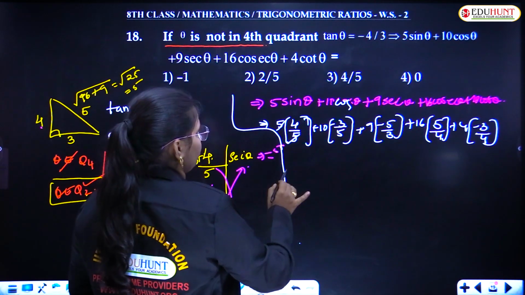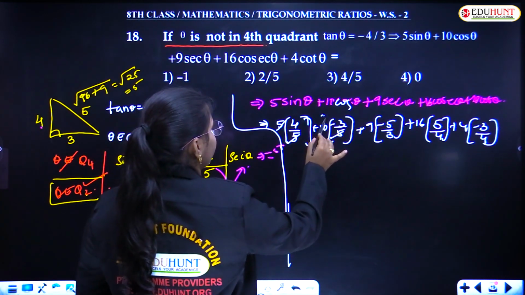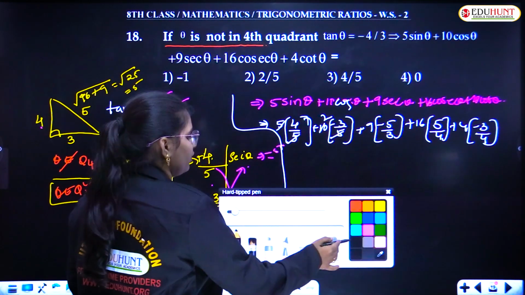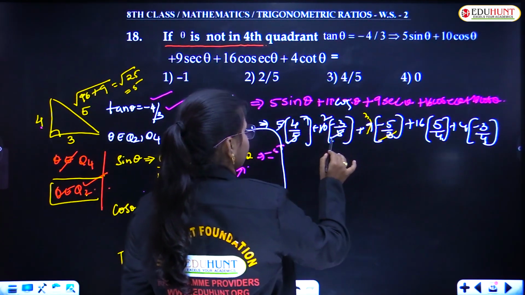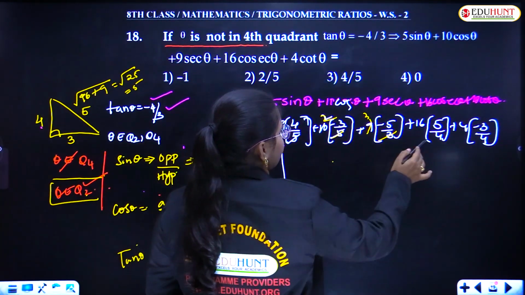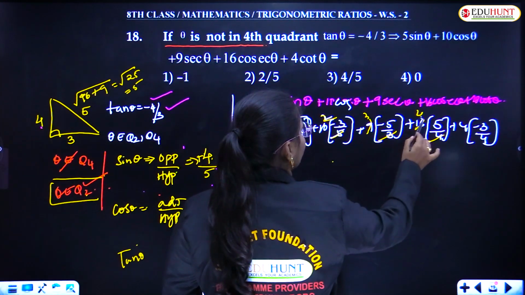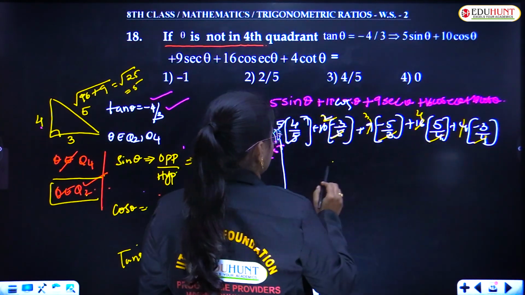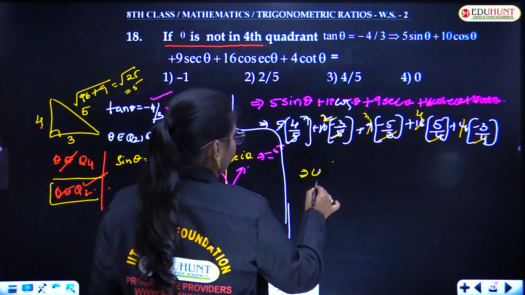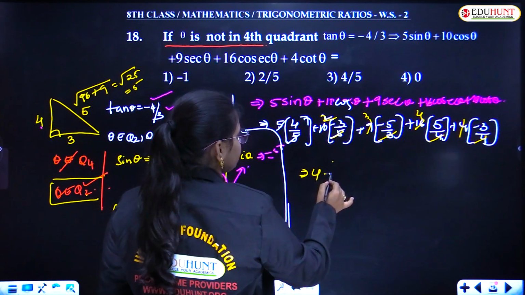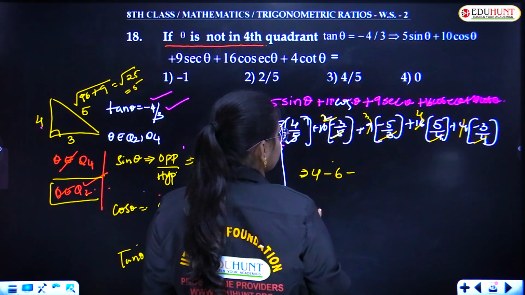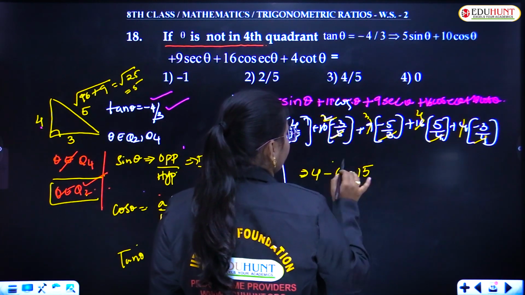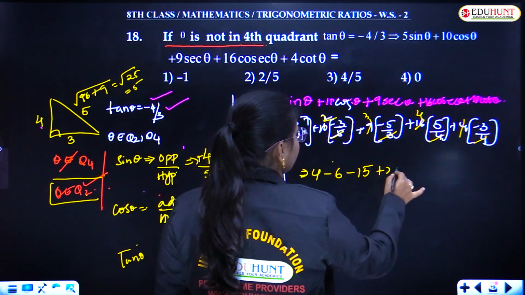5 will get cancelled. 5 ones are 5, 5 twos are 10. 3 ones are 3, 3 threes are 9. Next, 4 ones are 4, 4 fours are 16, 4 will get cancelled. Let's check. Plus into minus is minus. 2 threes are 6, plus into minus is again minus. 3 fives are 15, 4 fives are 20.